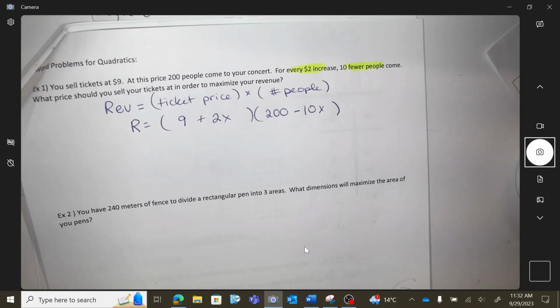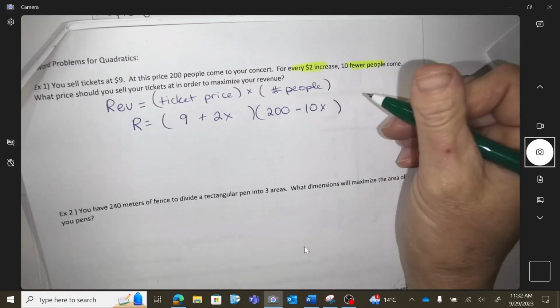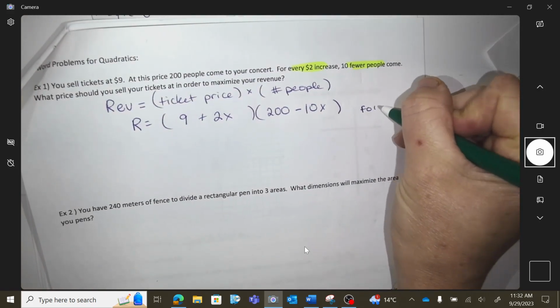What should I do right now? What kind of just plain old math would you do with this? Something from your past that you learned last year. If you had a binomial times a binomial, just math, what would you do? Foil it.